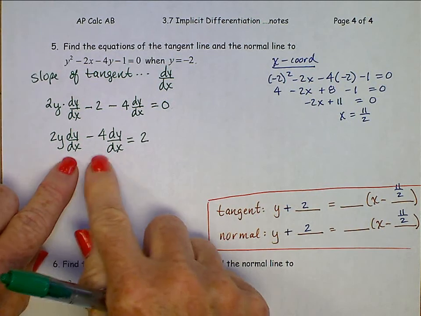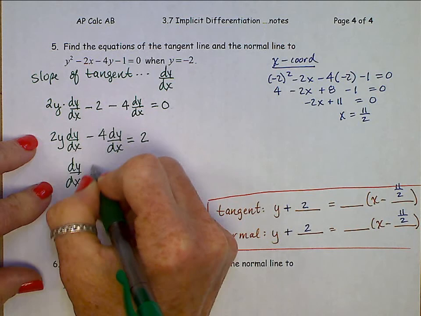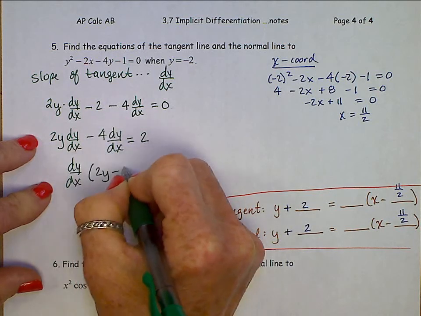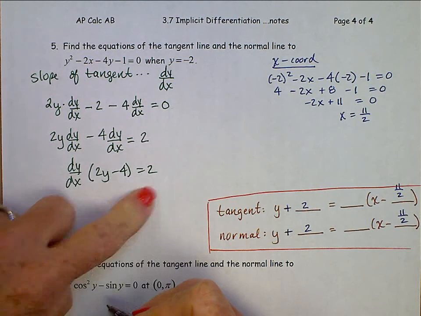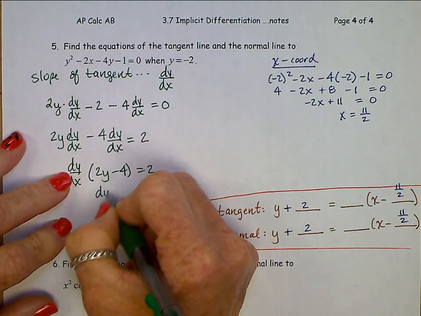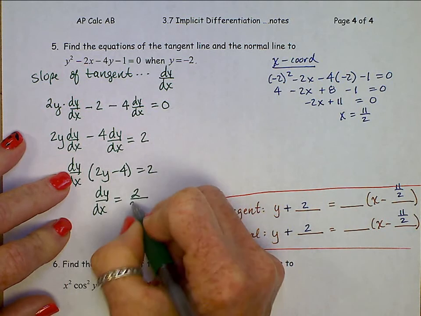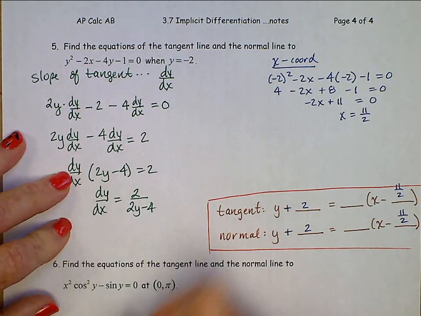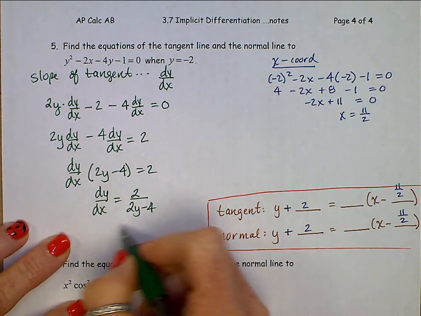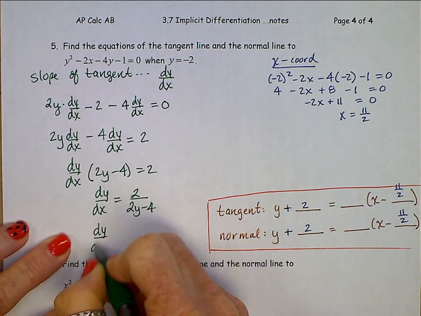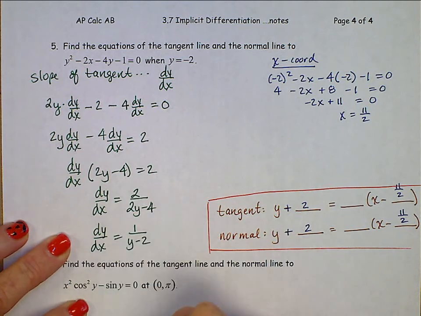Factor out the dy/dx. 2y minus 4 equals 2. Divide out the 2y minus 4. dy/dx is 2 over 2y minus 4. Then I see that we could divide everything by 2. dy/dx then is 1 over y minus 2.